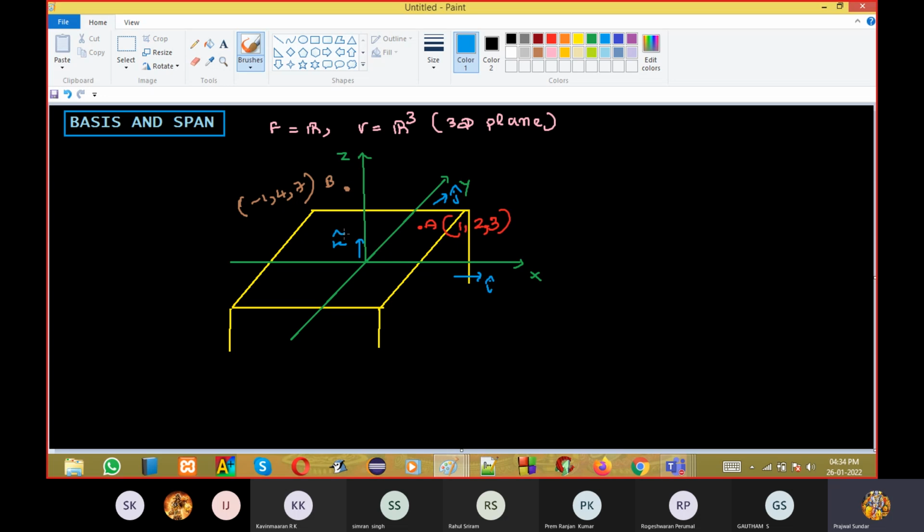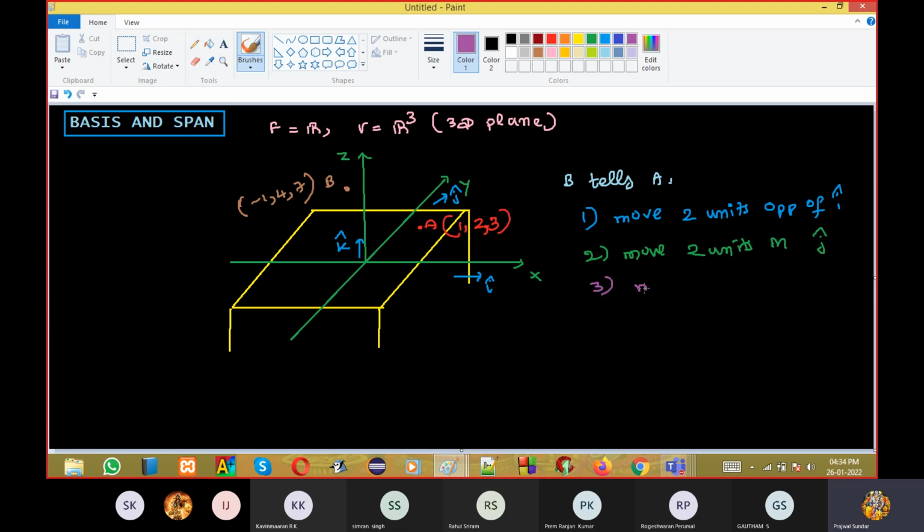He is first teaching A about the coordinate axes, and then B tells A: move 2 units opposite of i cap, then move 2 units in the direction of j cap, and move 3 units in k cap.